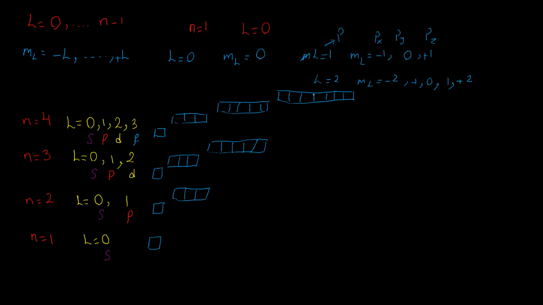So each orbital can have 2 electrons inside, but there is a problem now. If I have 2 negative electrons, and I want to put 2 electrons in one orbital, but 2 negatively charged particles repel each other.